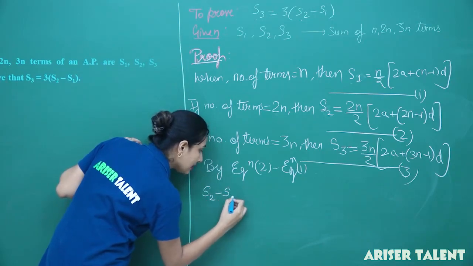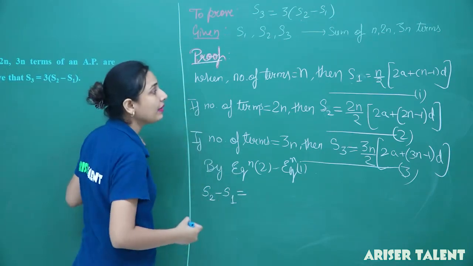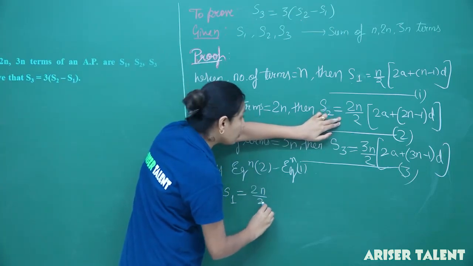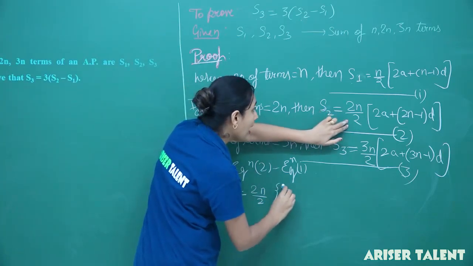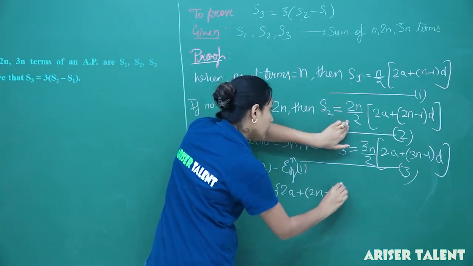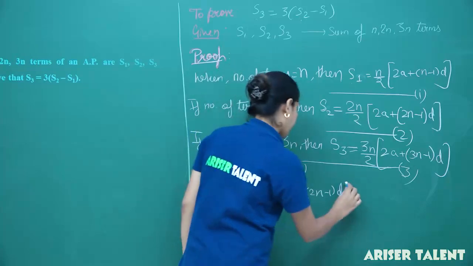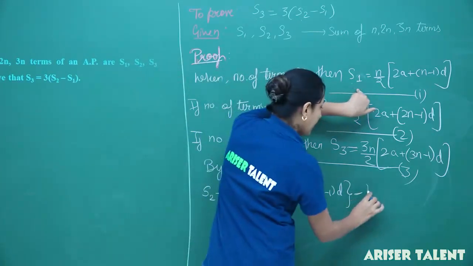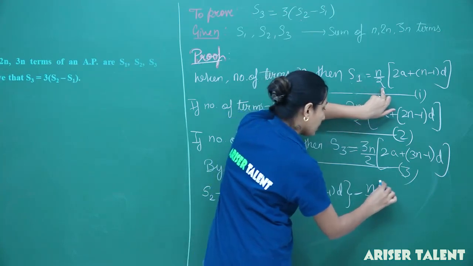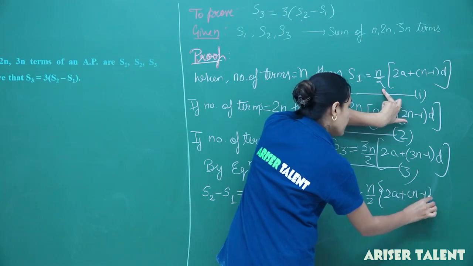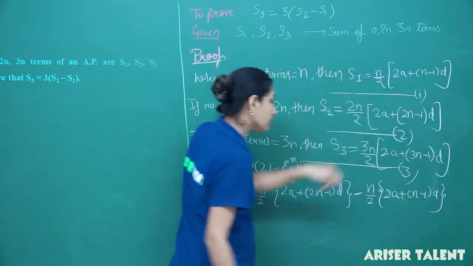That will be equal to 2n by 2 times (2a plus (2n minus 1) d) minus n by 2 times (2a plus (n minus 1) d).